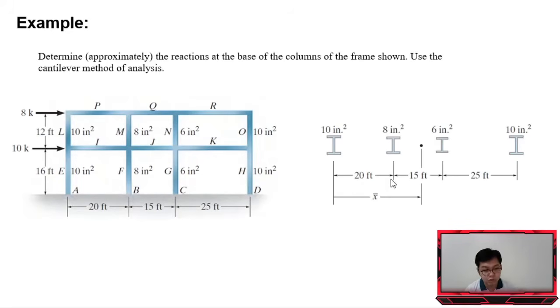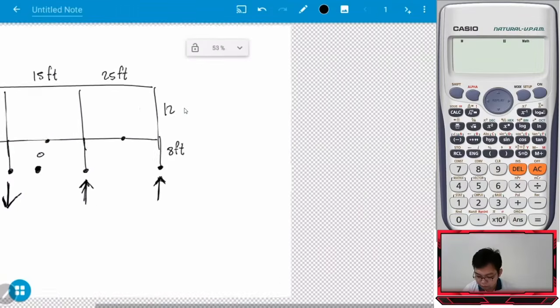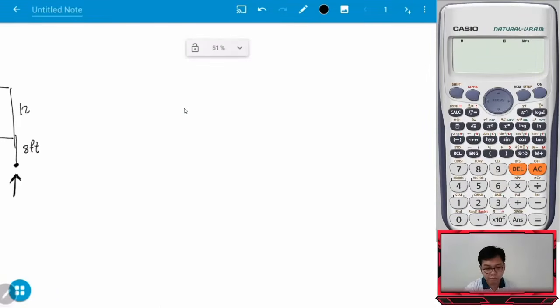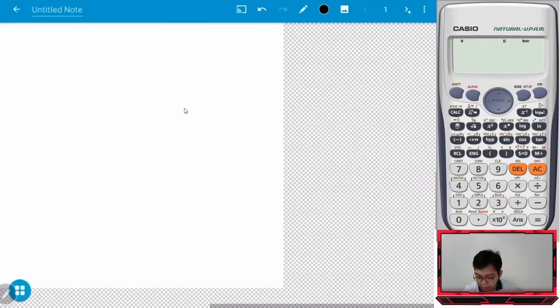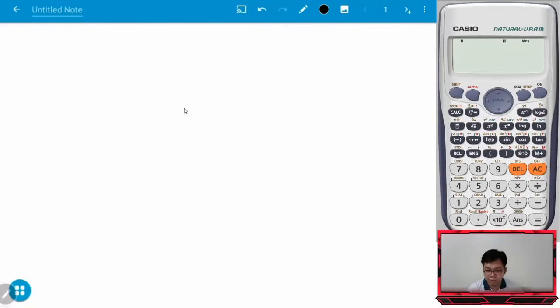Okay, so let's try to solve. Transfer ko muna to. Ay siguro ito na lang, tawagin ko lang to, area 1, area 2, area 3, at saka area 4.